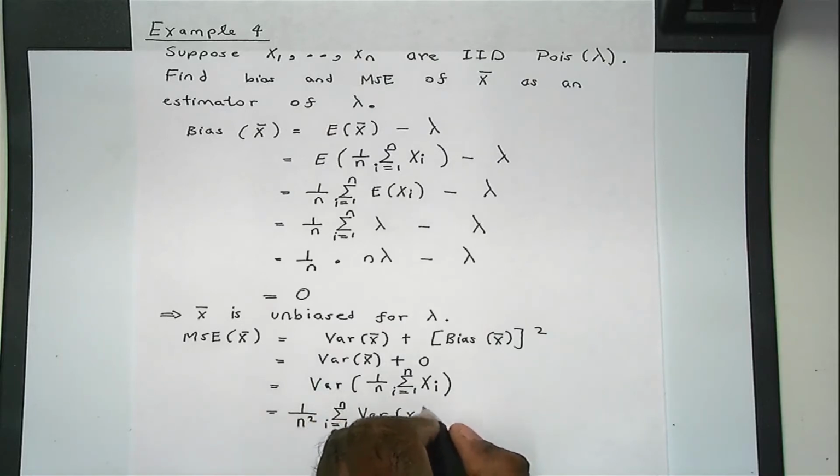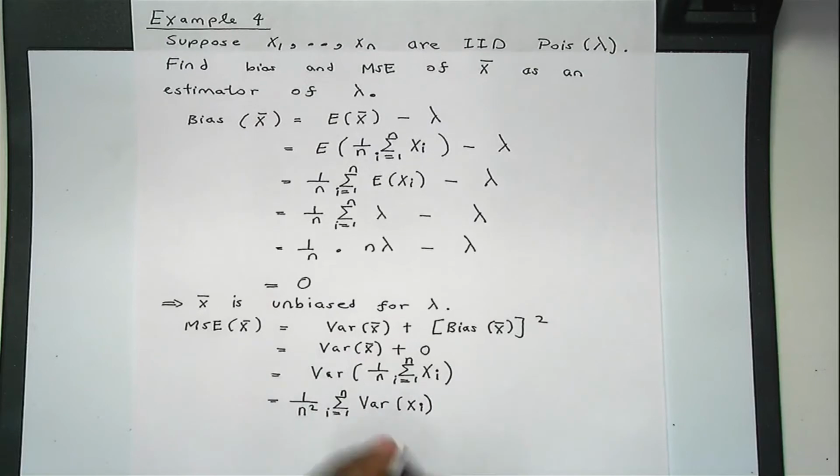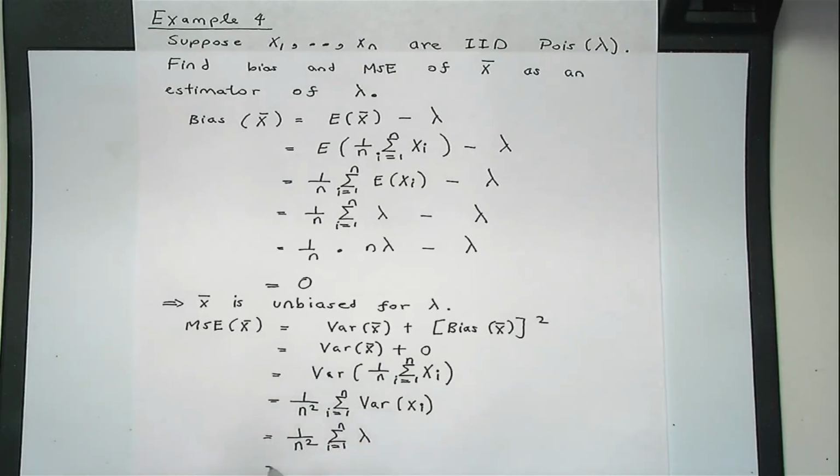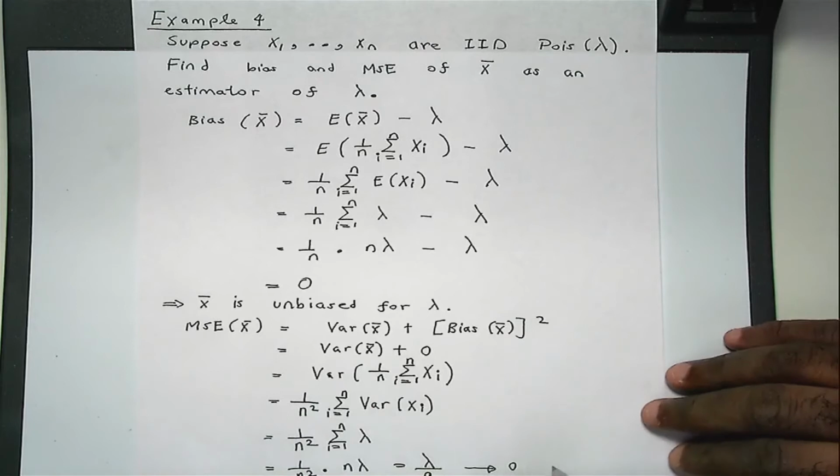Now the variance of a Poisson variable is lambda, so this is 1 over n squared times the sum of lambda, so this is 1 over n squared times n lambda, which is lambda by n, and which approaches 0 as n goes to infinity.